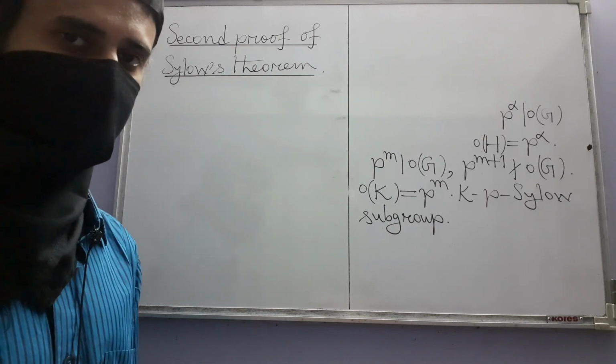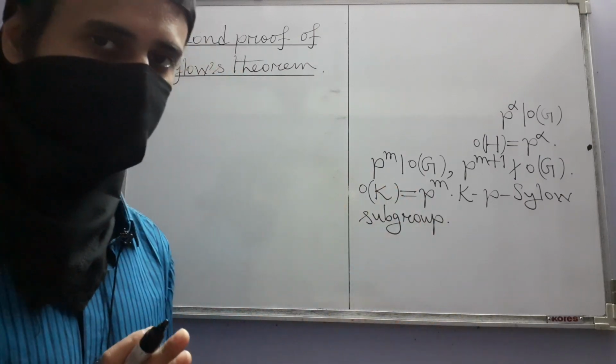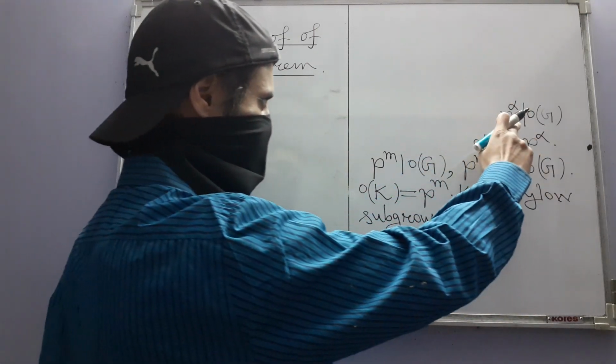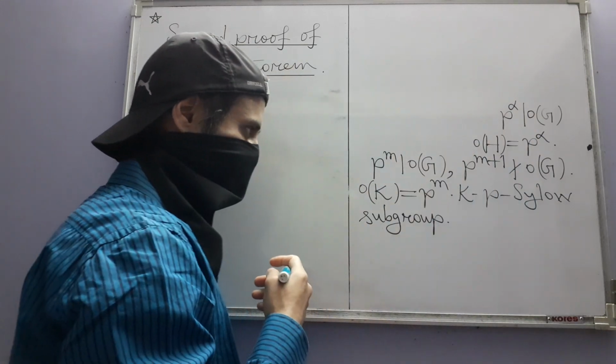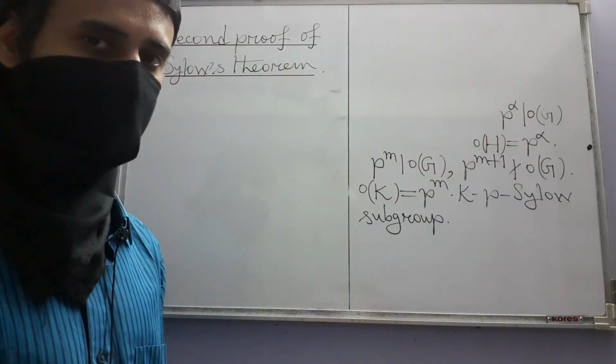But is that sufficient? Of course, if we just simply think like this, it's not sufficient, because you also have to show that G has subgroups of all such orders.